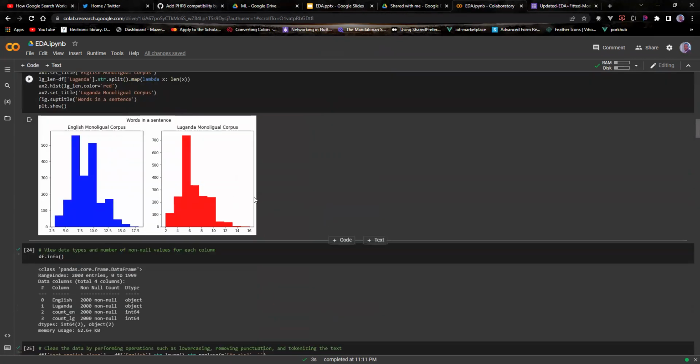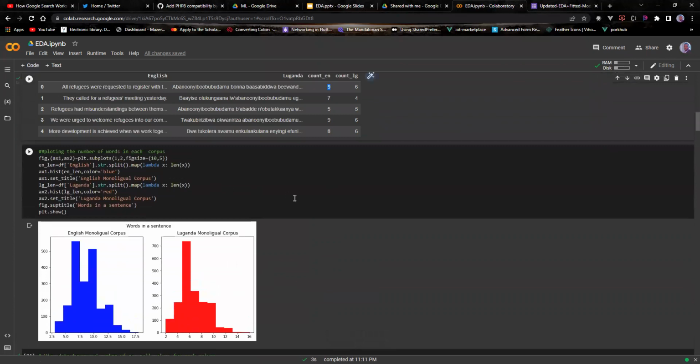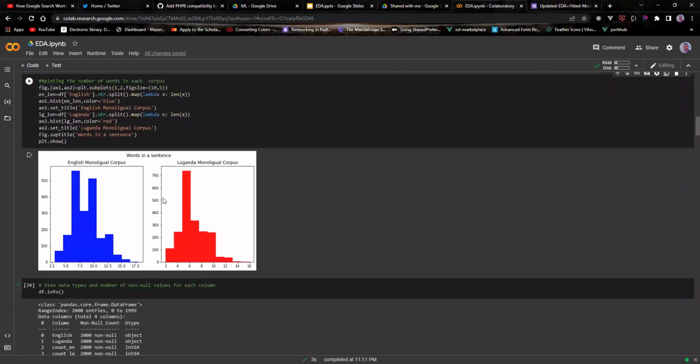And we try to get a clearer view here, plotting the distribution of words in each sentence. As you can see for English, roughly, most sentences have something like 5.5 words.